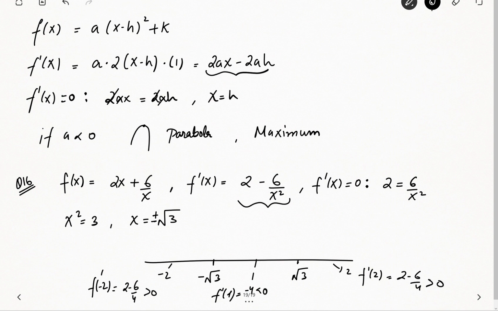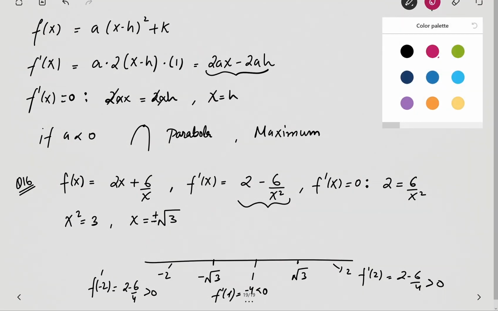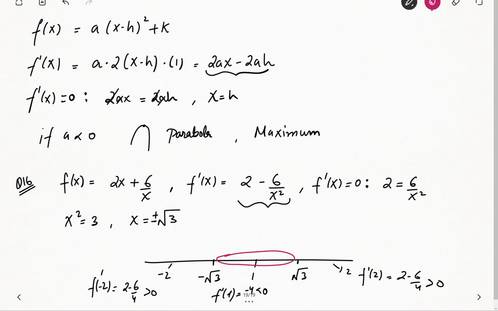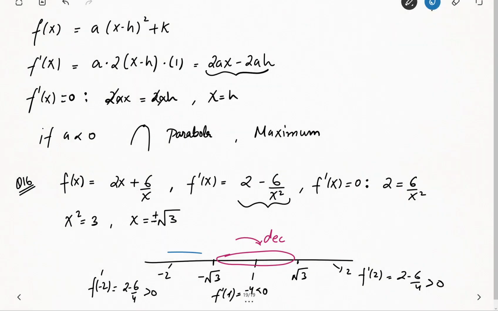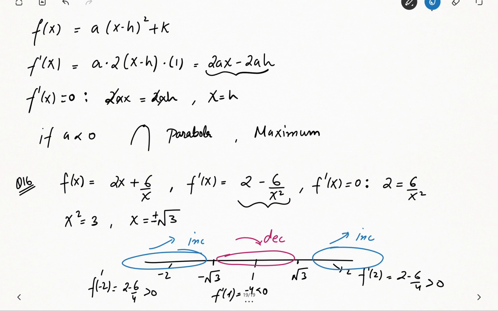So we figured out the intervals. It's decreasing in the middle interval because you have a negative slope. However, in the other intervals it's increasing, because of a positive slope. Okay, so now you can answer all the things they want to ask you about.